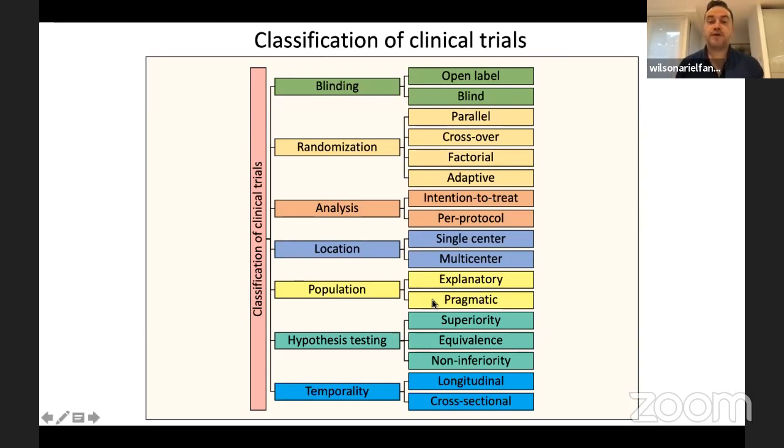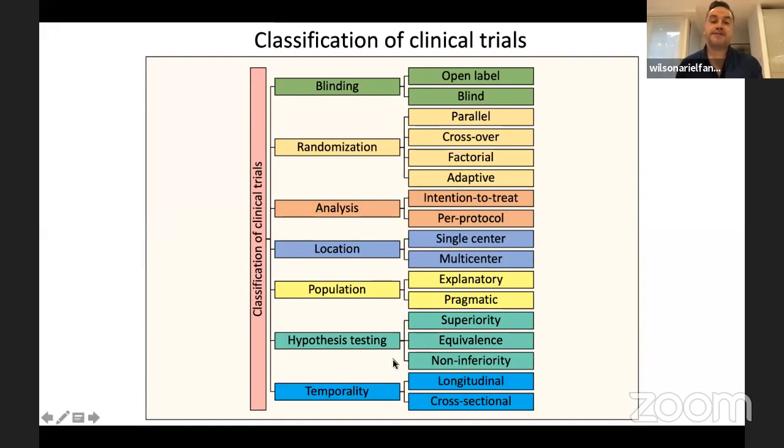So we are talking about a pragmatic trial. And on the opposite side, when you are more liberal in terms of the population, this is closer to reality. So this is an explanatory trial.